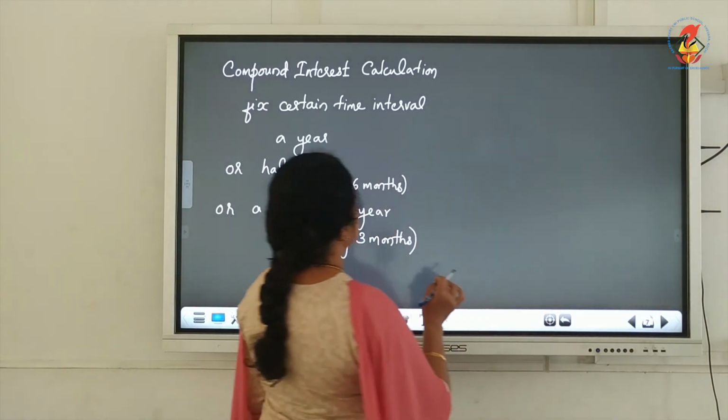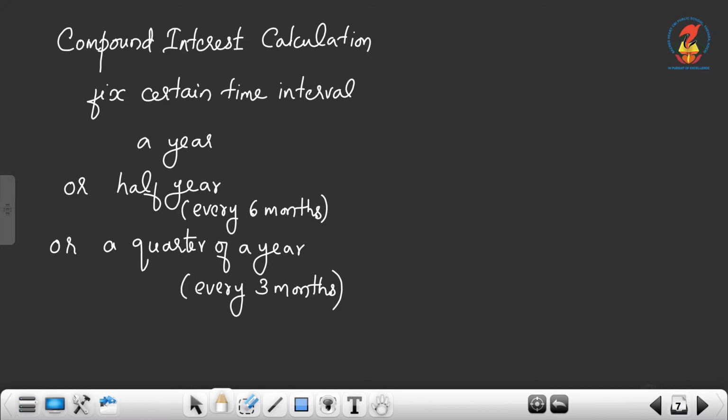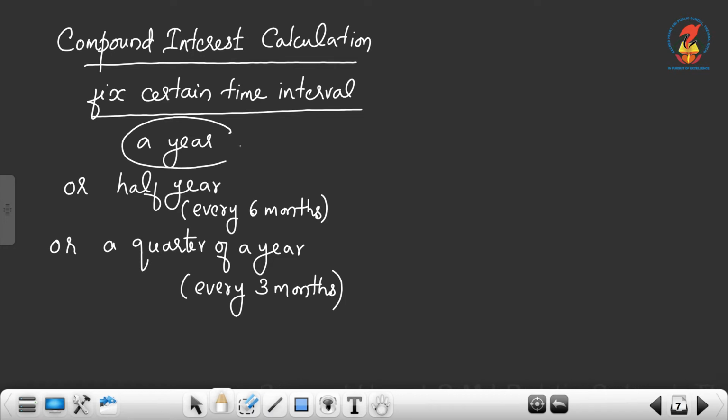Now compound interest calculation. In compound interest calculation, we have to fix a certain time interval. We can take it as yearly, so we say that the interest is calculated yearly or annually, that means year wise.